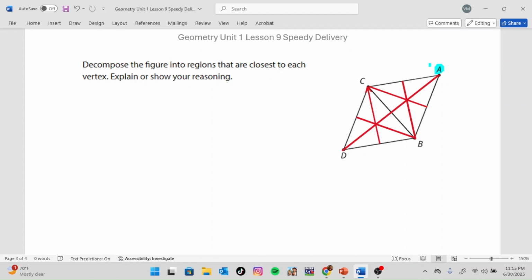Anything above this perpendicular bisector going from point C down to halfway between A and B is closer to A than it is B. But then I have this perpendicular bisector between C and A that goes down to B. So anything on the right side is closer to A, anything on the left side is closer to C. So the region that's actually closer to A, I'm going to highlight in blue right here. So that's our first region.